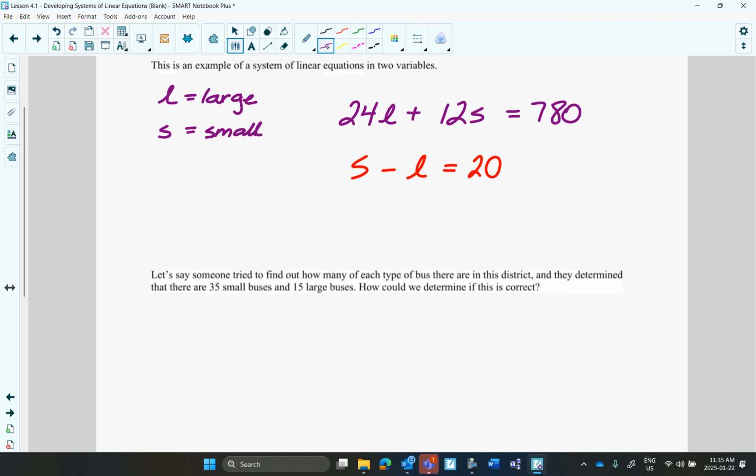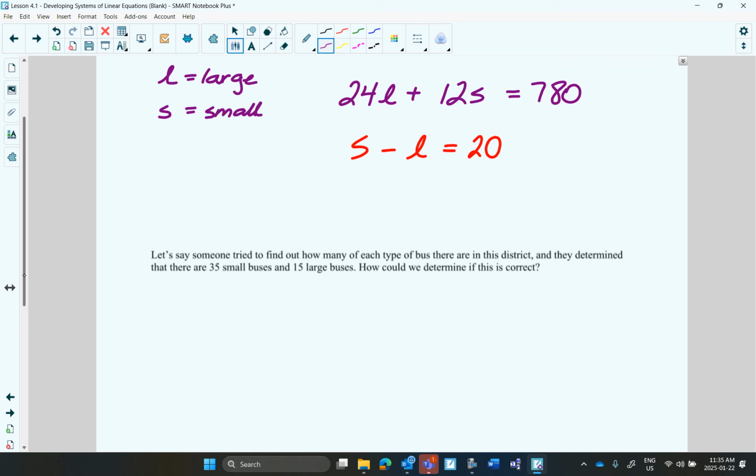In order to do that, we've got to plug it into both of these. So we've got to check these equations. We're told that there's 35 small, 15 large. So if I do 24 times 15 plus 12 times 35, that has to work out to 780.